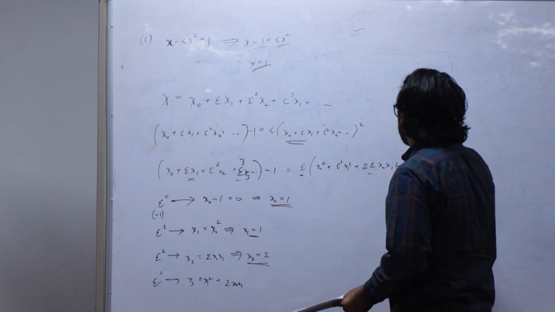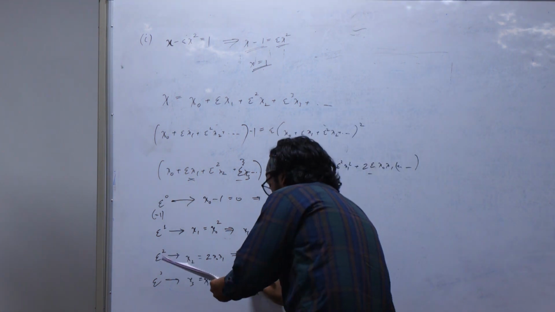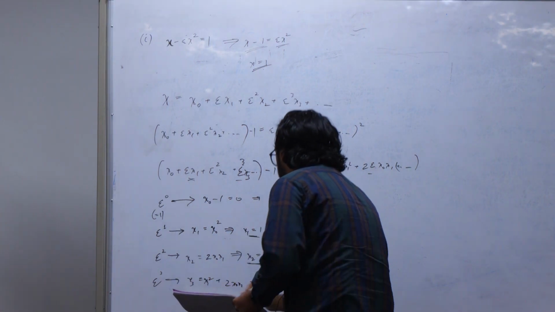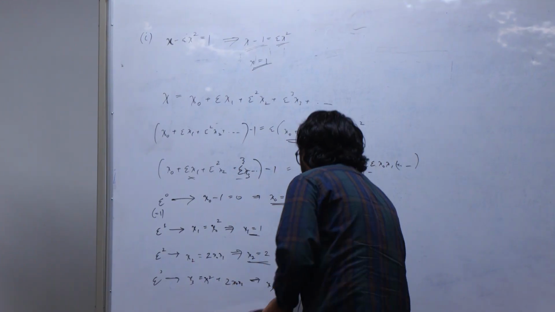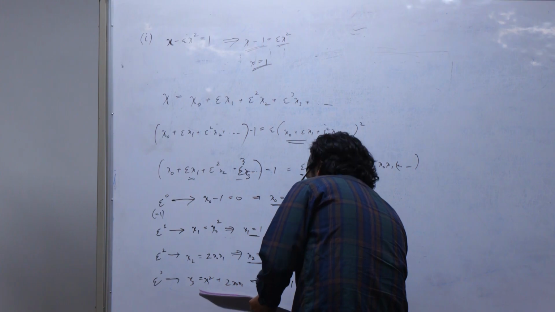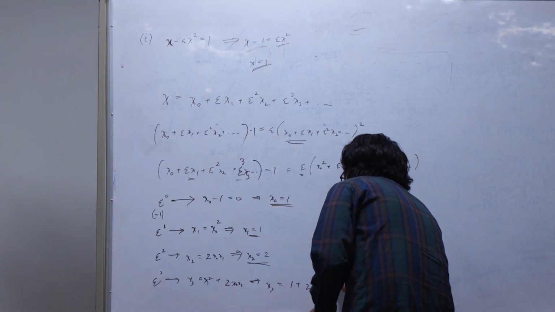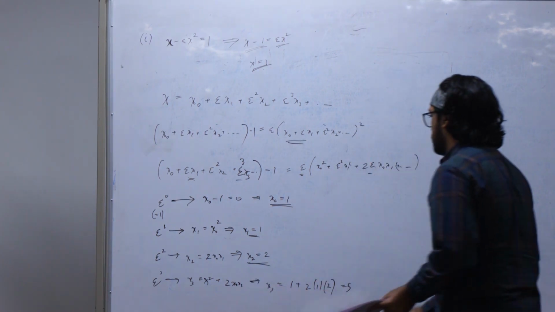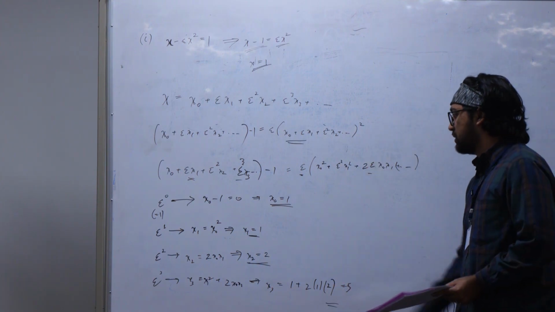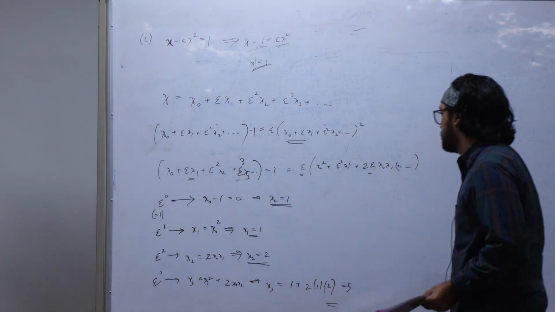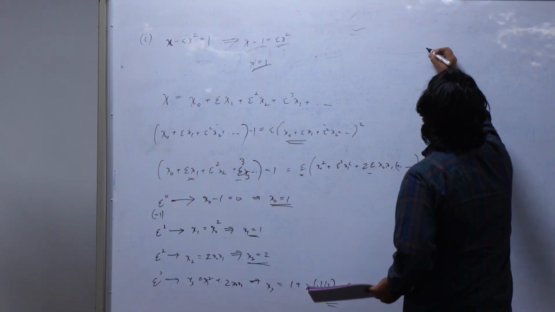There's an additional term here, so we have 2 x naught x2. So x1 is 1, plus 2, x naught is 1 and x2 is 2, so 5. We can go on to epsilon to the power of 4, 5 and so on, but since we've obtained 4 terms, we're in a position to write the series.